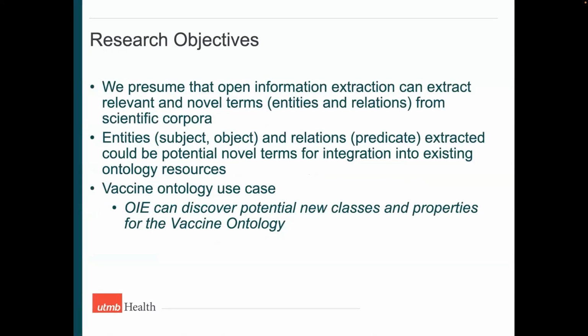So the rationale of using open information extraction for this study is that the extracted information is provided in a subject-relation-object format, and essentially the subject and object of the extracted information would yield some identified entities from formalized textual sources. At least specifically in our case, we'll be using PubMed literature.